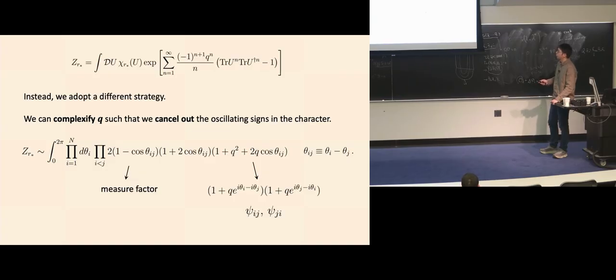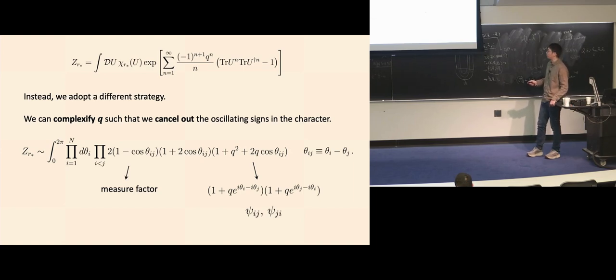And then there is this 1 plus 2 cosine theta that we had on the previous slide. And then if you expand these out, you get this expression that is 1 plus q squared plus 2q times cosine theta. And that you can also factorize. To understand this factor, you can think of it as the product of two terms, 1 plus q e to the i theta_i minus i theta_j, and another that is the conjugate.